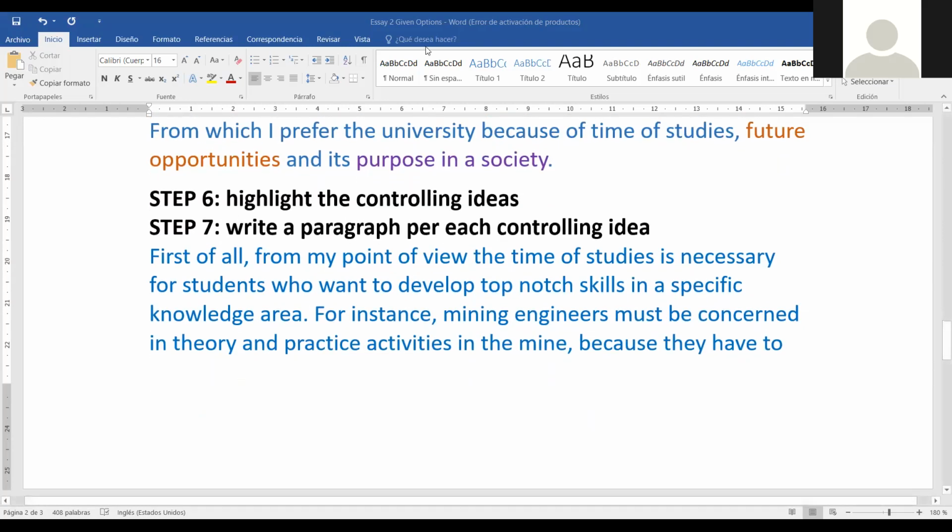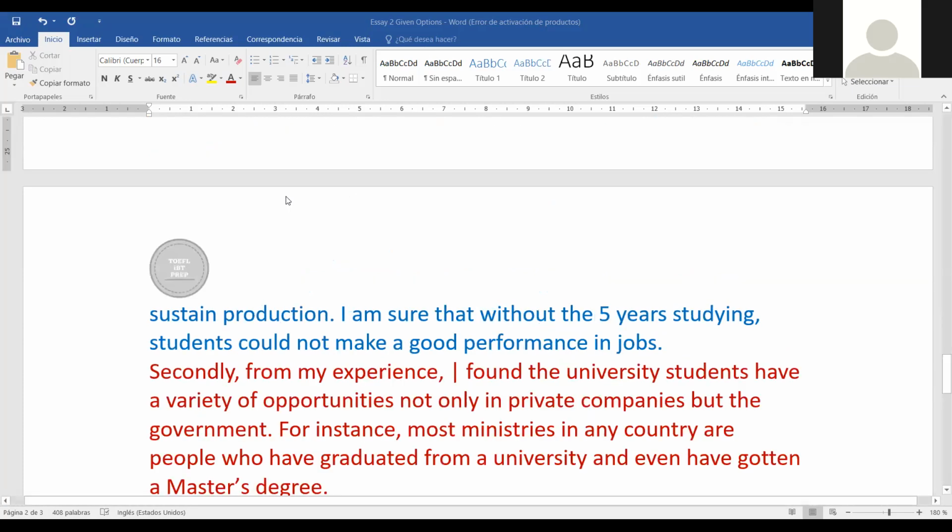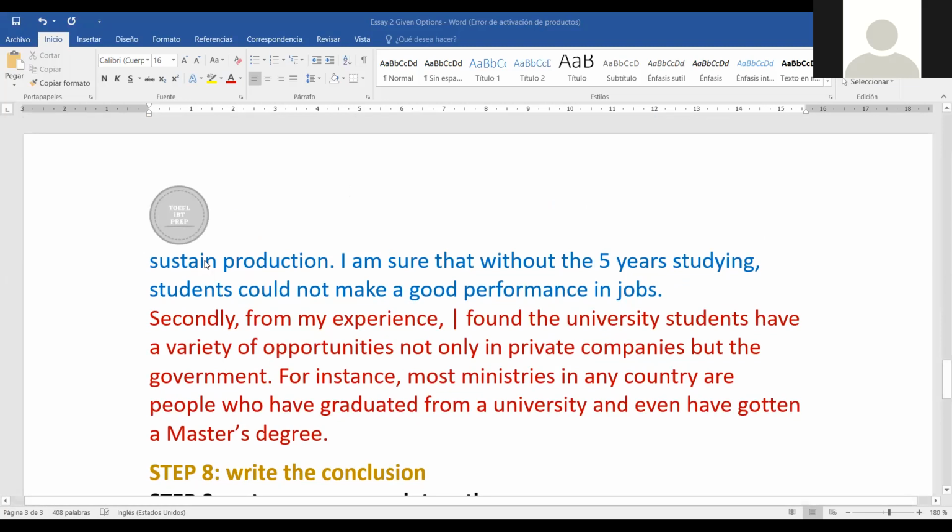First of all, from my point of view, the time of study is necessary for students who want to develop top-notch skills in a specific knowledge area. For instance, mining engineers must be involved in theory and practice activities in the mine because they have to sustain production. I'm sure that without the 5 years studying, students could not perform well in jobs.